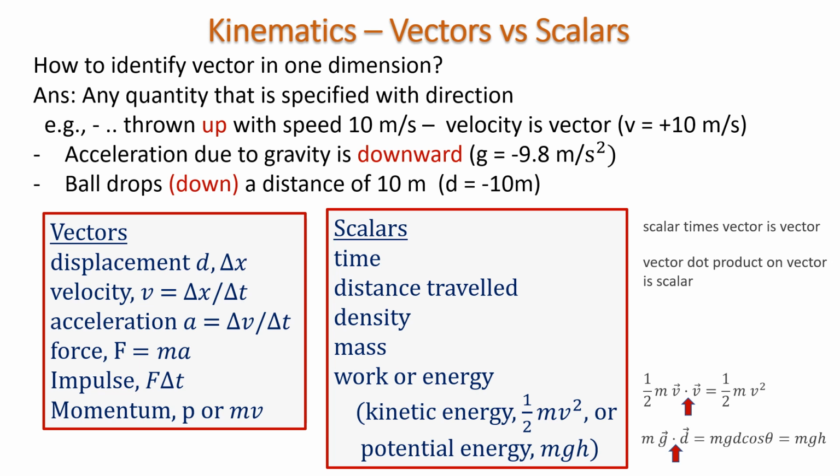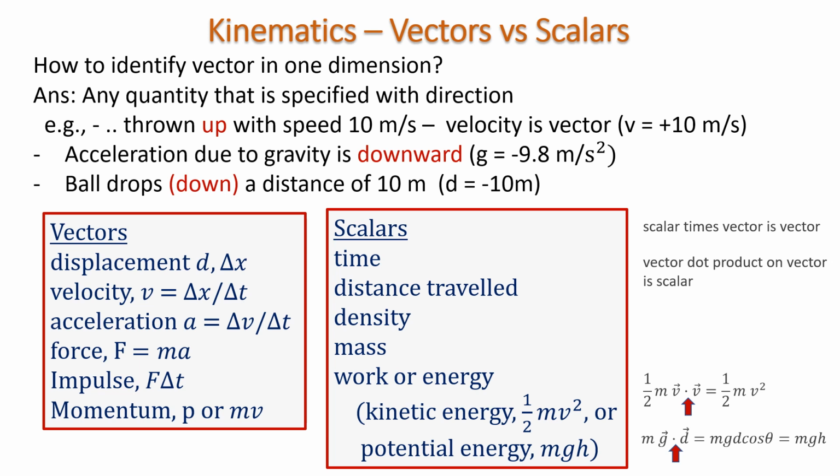You may have studied that vectors can be multiplied in two ways, by dot product or by cross product. Dot product happens to be a scalar. Cross product is a vector. Since kinetic energy is velocity dot producted with velocity, it is a scalar, and therefore kinetic energy is scalar.